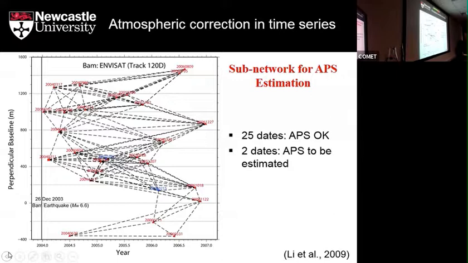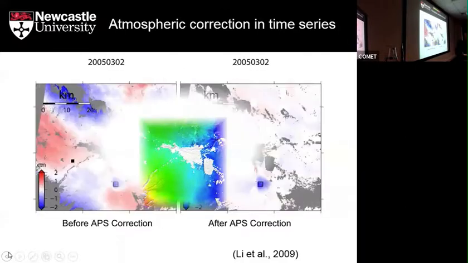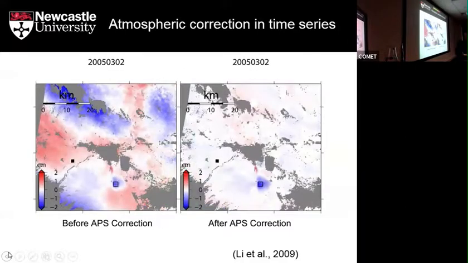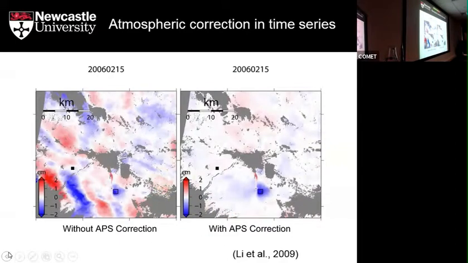And this is another date of the estimated errors and before correction and after correction. We can compare the estimated atmospheric errors with the MERIS data. We can see clearly that it's not biased. So it has a very high correlation, which means you have a very good estimation of the atmospheric errors.